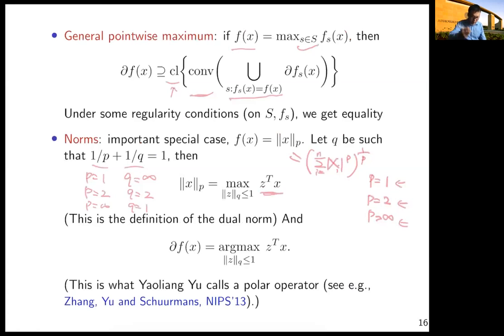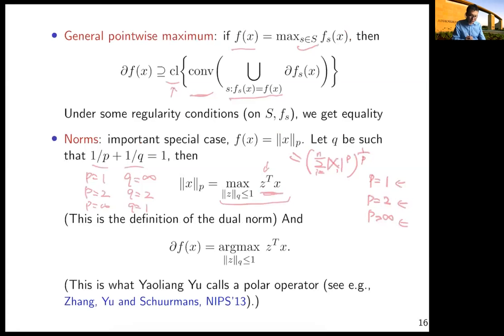This is how we can define the dual norm. Notice that this is a pointwise maximum of linear functions in x. For any fixed z, this is a linear function in x. Therefore, when we take the pointwise maximum, it gives us a convex function.